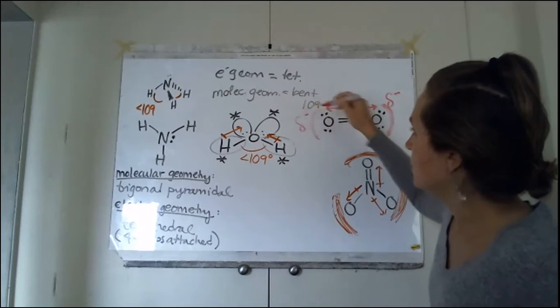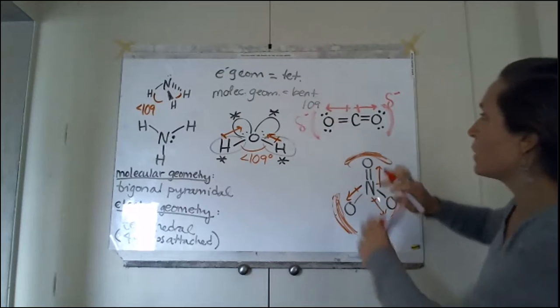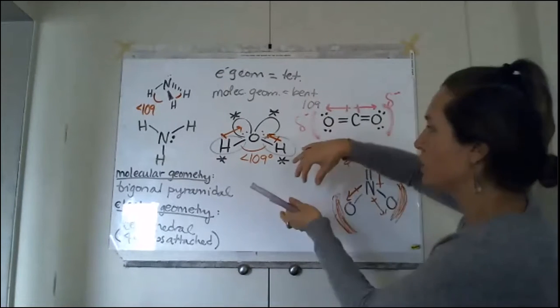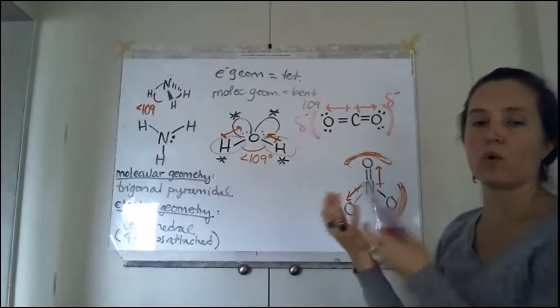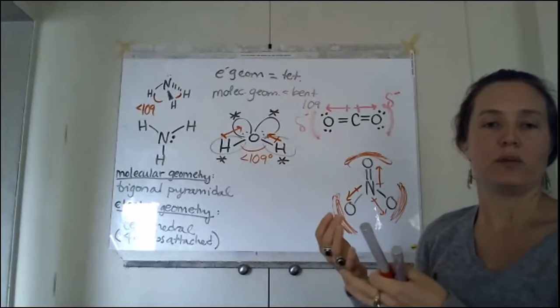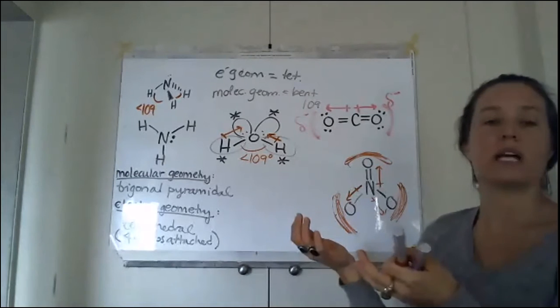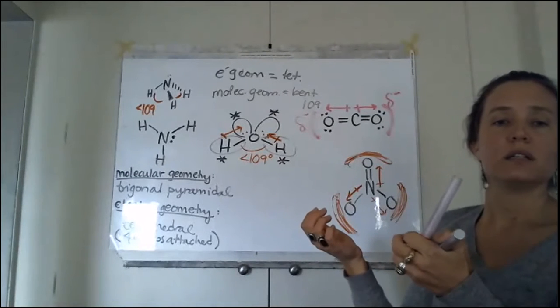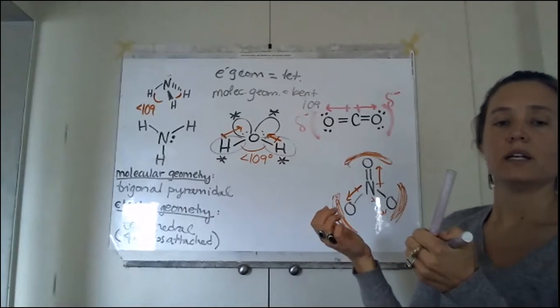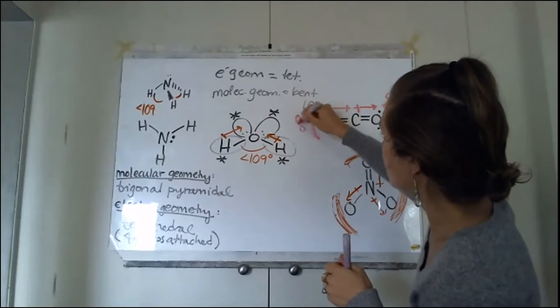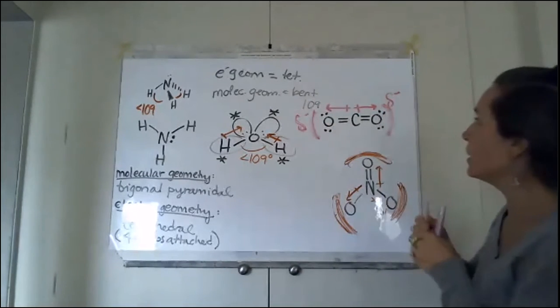So overall, there's no side of the molecule that has more electron density than the other side. Because it's equal on both sides? Yeah, because it's equal on both sides. Okay, that makes more sense. So it's equal and opposite.